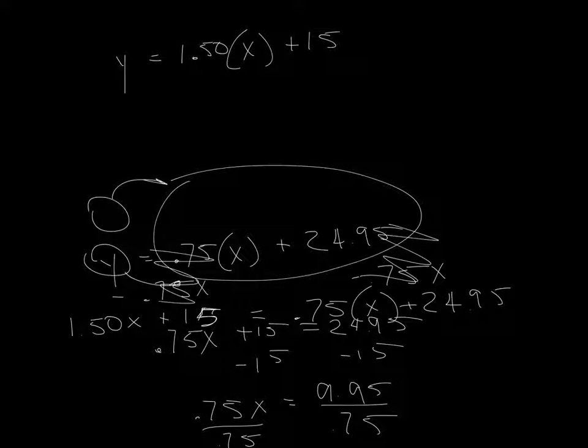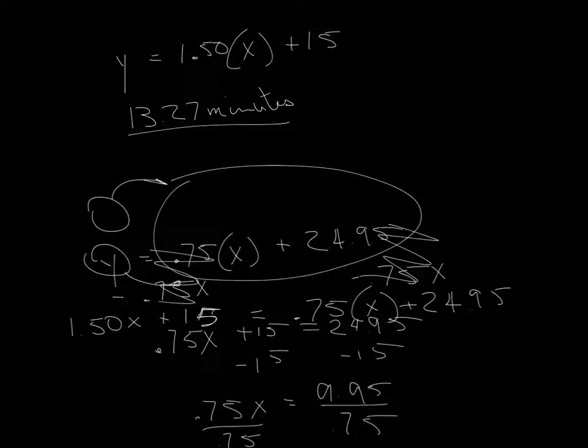And we got 13.27 minutes. 13.27 minutes is our point where both plans are the same. So actually 13.27 would actually be 14 because they don't charge you in decimal minutes. As soon as you hit 13 point something, they go up to the next minute.